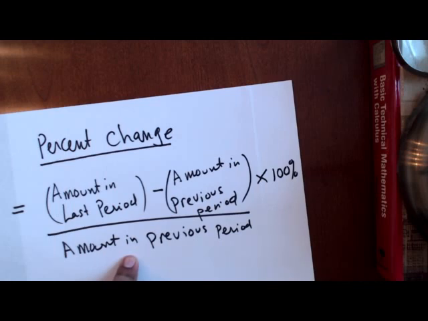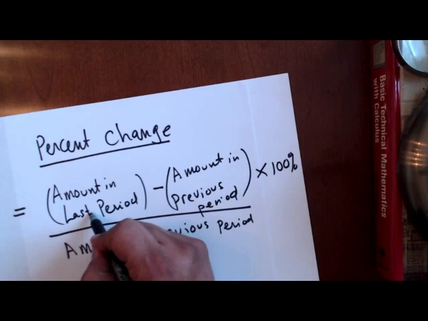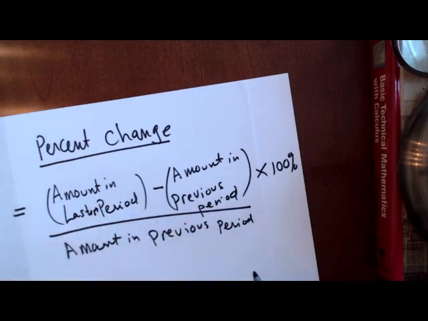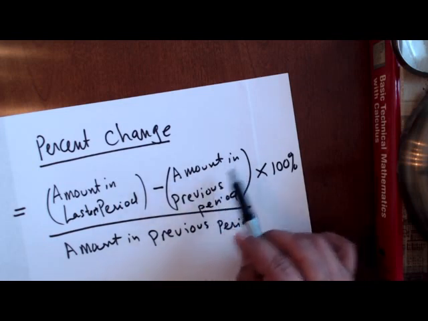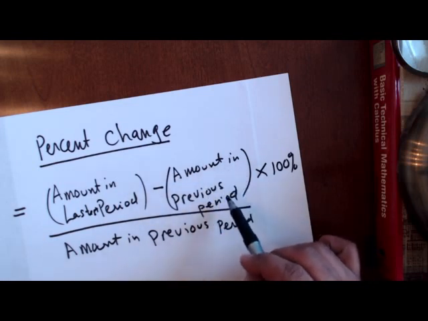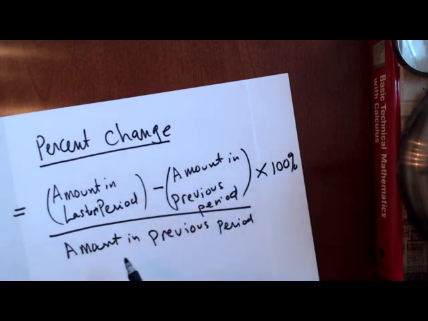The equation says that you have the amount from the latest period, subtracted by the amount of the previous period, divided by the amount of the previous period.